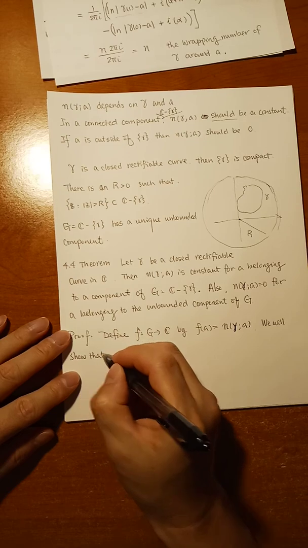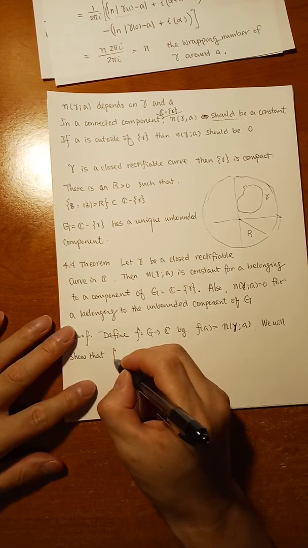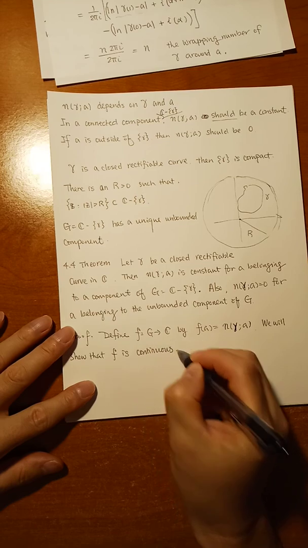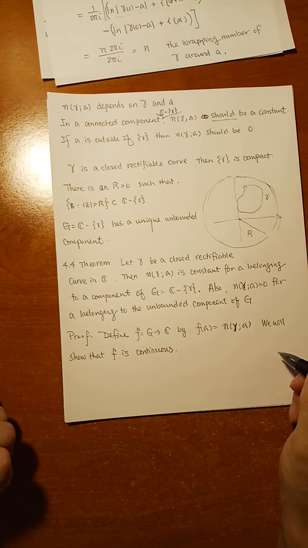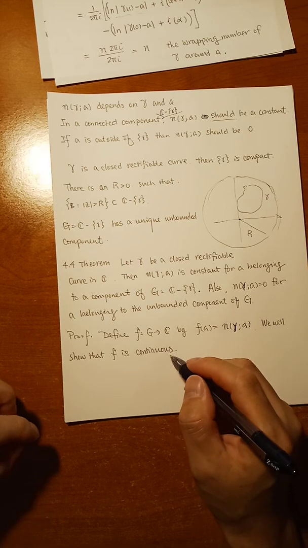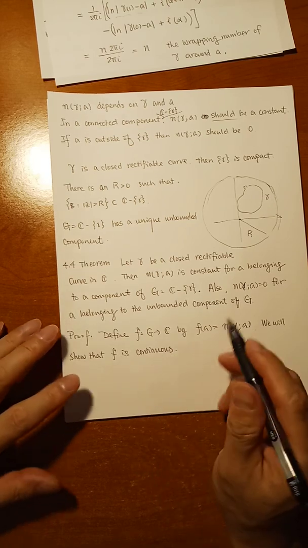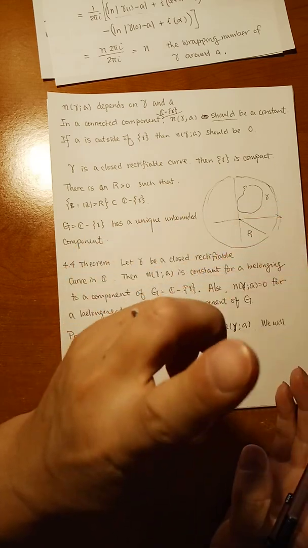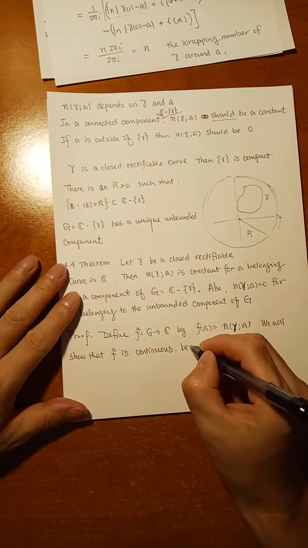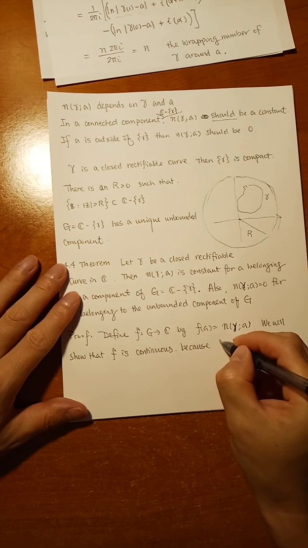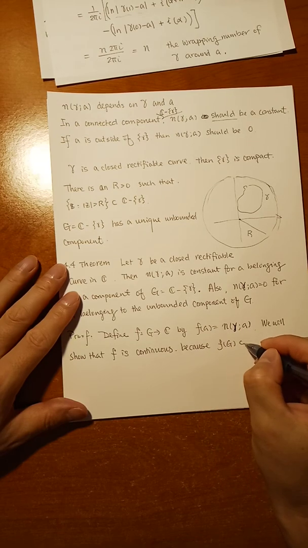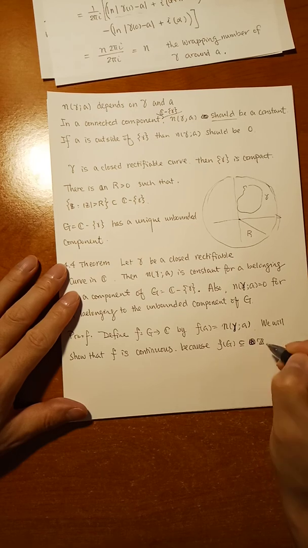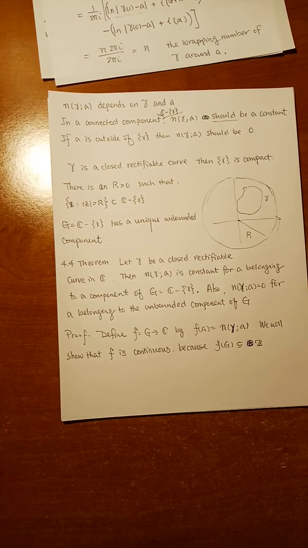Okay, so we will show that F is continuous. Why do we need this to be continuous? Because if F is continuous, it will map a connected component to a single point, because the image is a totally disconnected set.